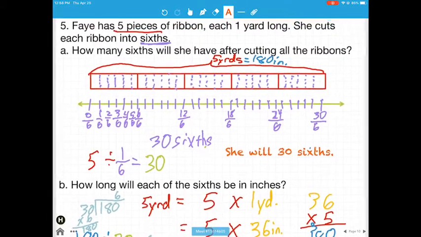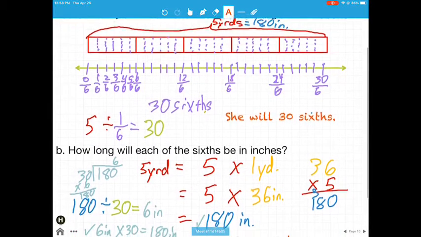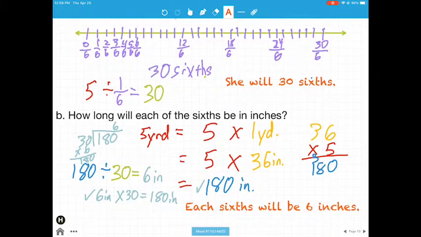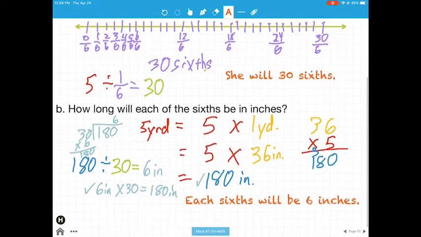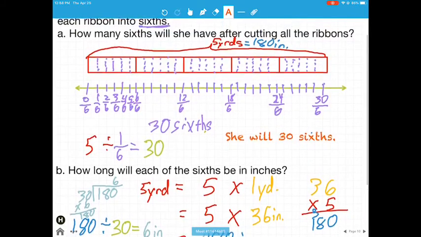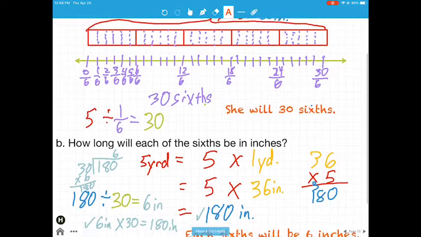So we started off with 5 yards. We changed the 5 yards into 180, because 36 times 5 is 180. Then we know that there are 30 of them, so we're dividing the whole 180 by 30, and that gives us 6 inches.